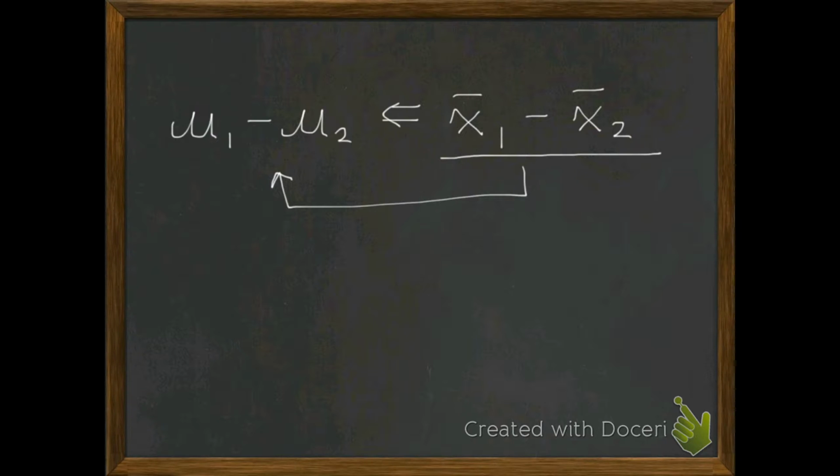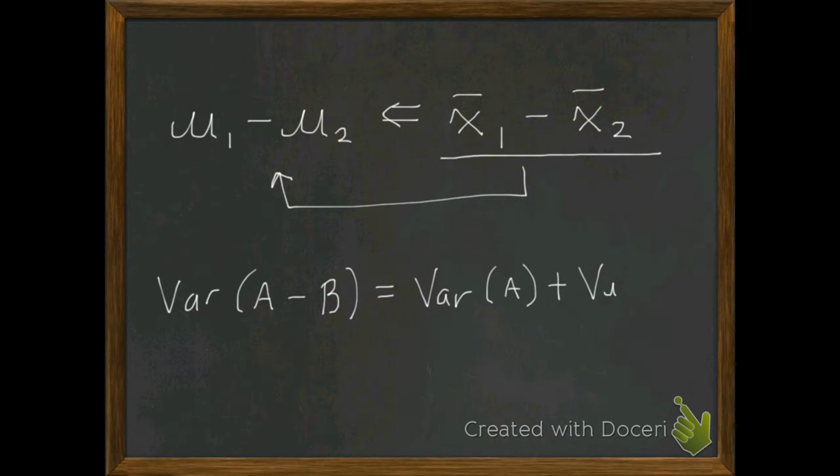To get the full information on the probability distribution, you also need to know the standard deviation. Well, there's a well-known fact in probability that the variance of A minus B is equal to the variance of A plus the variance of B.